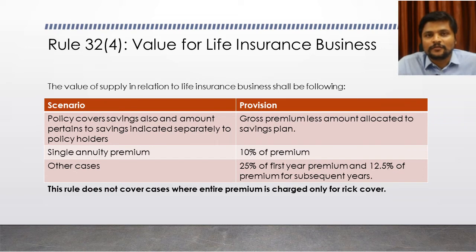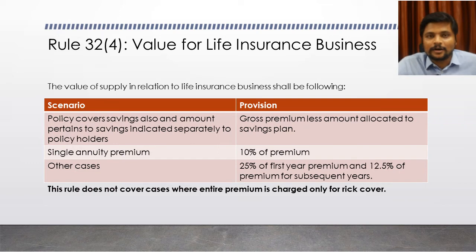So you can get the amount even if you are alive after a certain period. It is like a regular savings plan. So if the policy is such a plan, a composite policy which has risk plus savings plan, and the value relevant for the savings plan is provided separately, it is indicated separately for the policy holder.